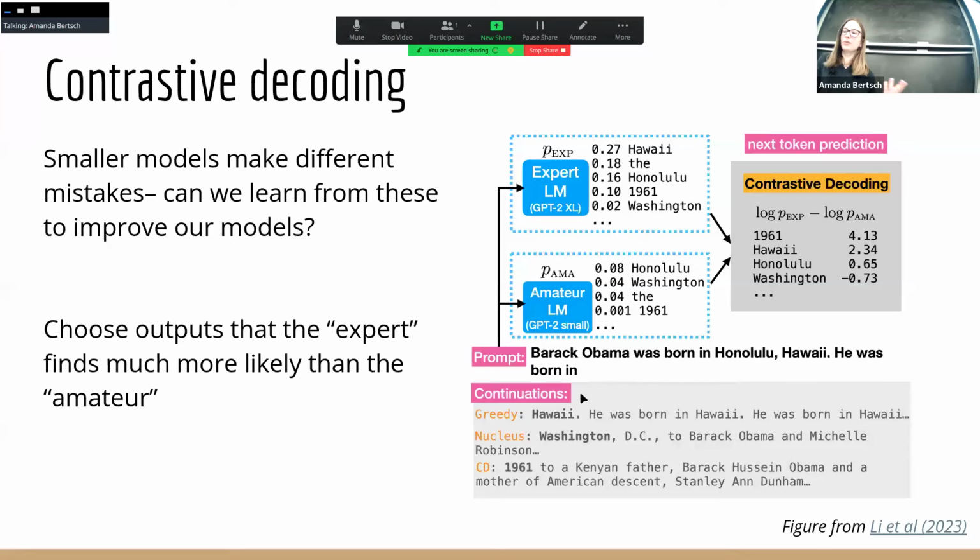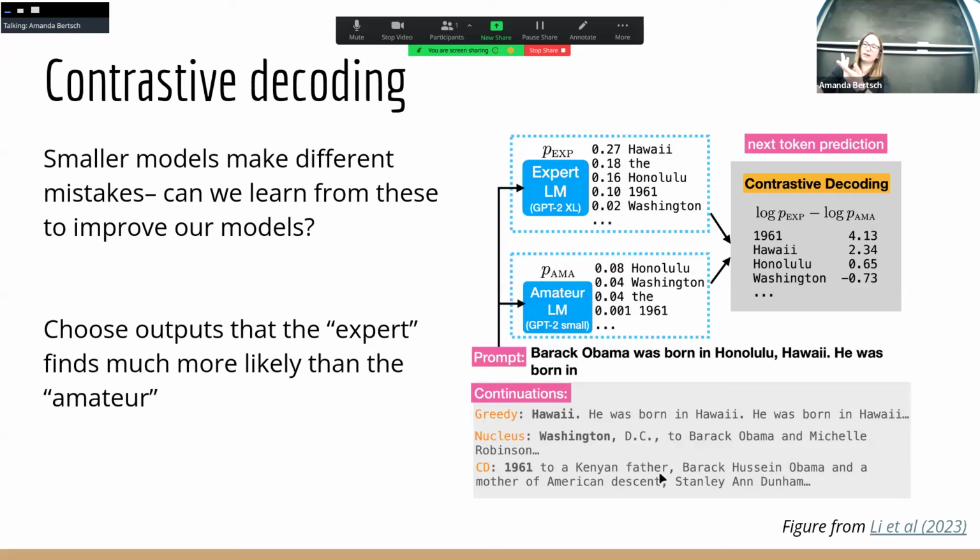If you do something like nucleus or top-p sampling, you can wind up with things that are actually completely incorrect, like he was born in Washington, D.C. But if you use contrastive decoding, you take the outputs coming out of your expert model here, and you subtract out the probabilities coming out of the weaker model, and you can wind up with things that the stronger model ascribed probability to, but the weaker model did not, likely because these are facts that the larger model knows that the smaller model does not.